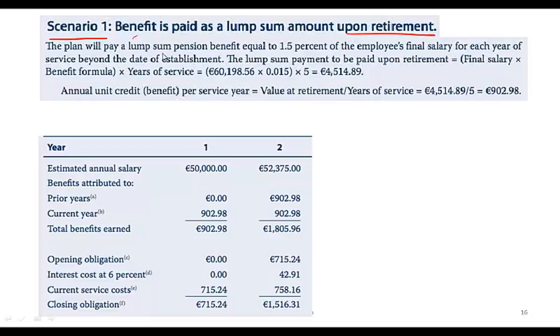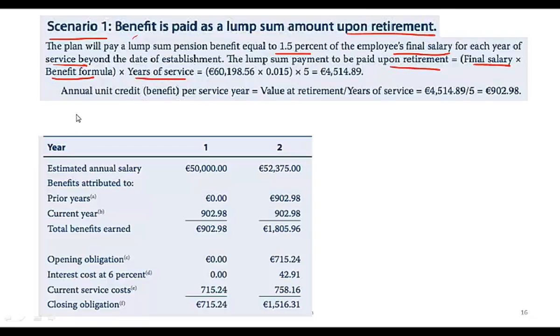The plan will pay a lump sum pension benefit equal to 1.5% of the employee's final salary for each year of service beyond the date of establishment. This is the establishment of the pension plan. The lump sum payment to be paid on retirement is equal to the final salary multiplied by the pension formula multiplied by the years of service.